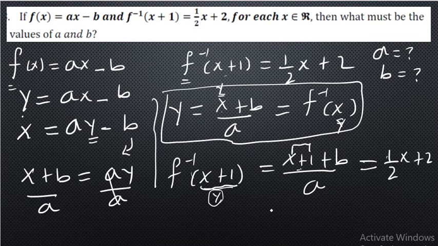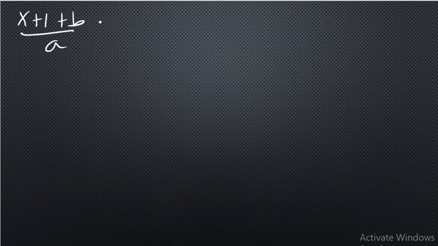Okay, let's go to the next page. We already said x plus 1 plus b, the whole over a, is equal to half x plus 2. Therefore, let us group the x's together and the other constants together. But this denominator is for each of them.